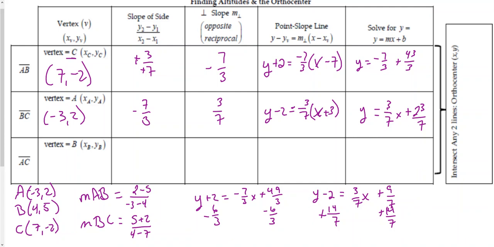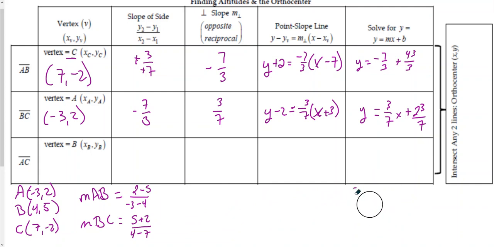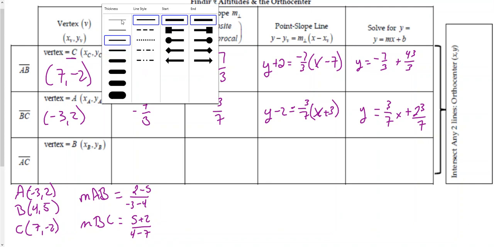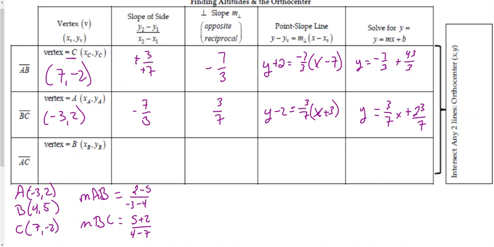Now that we have our two equations set up properly, it's just a matter of doing a system. We'll just set both equations equal to each other. We'll do negative 7 over 3 x, which I missed in my equation up here, plus 43 over 3 equals 3 over 7 x plus 23 over 7.